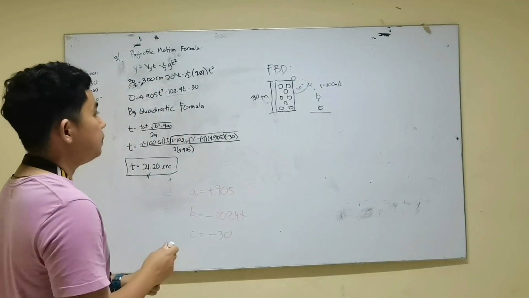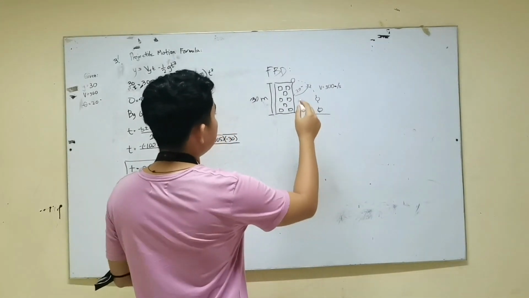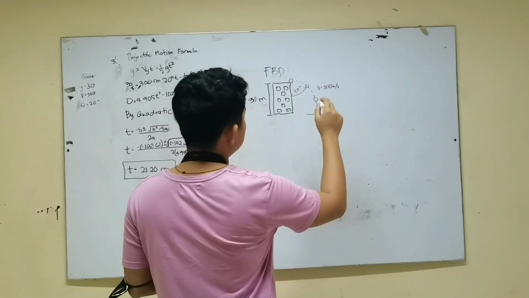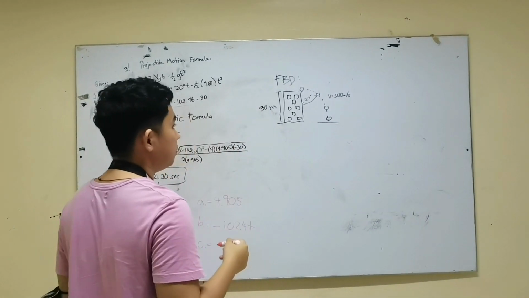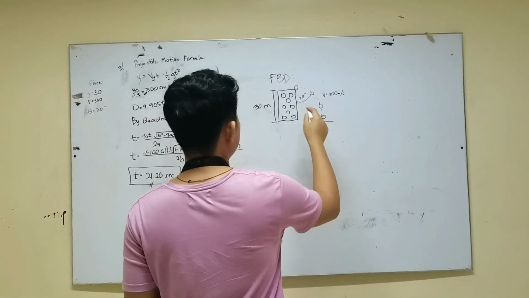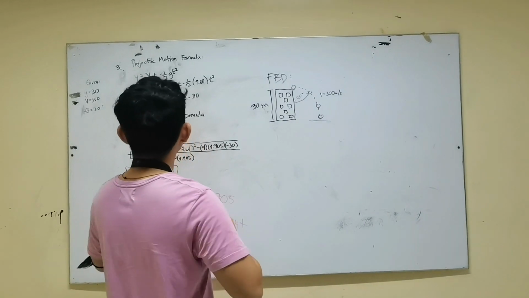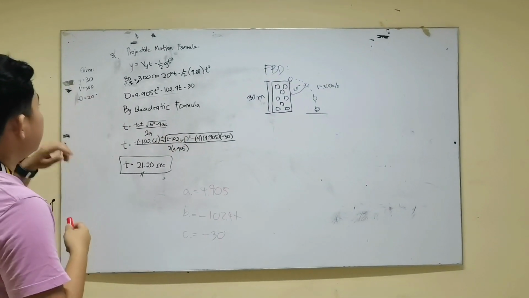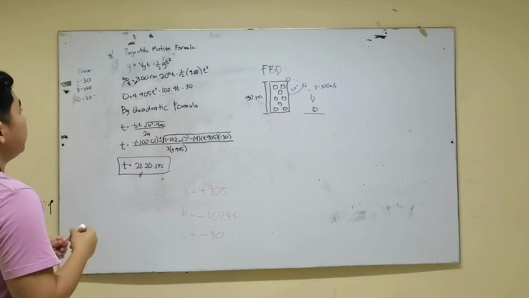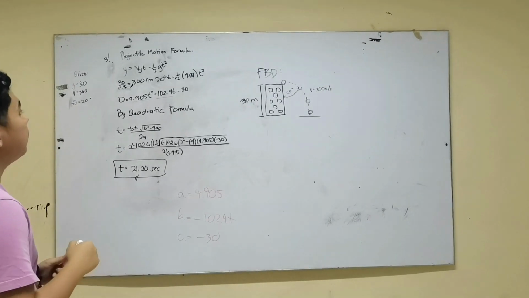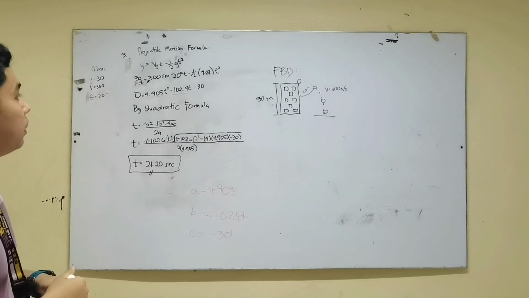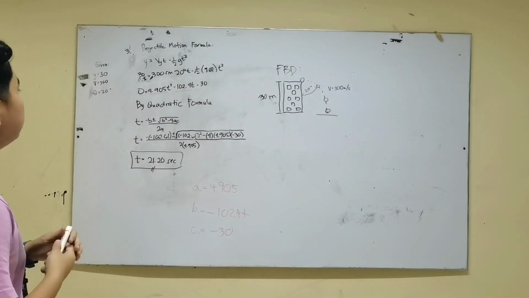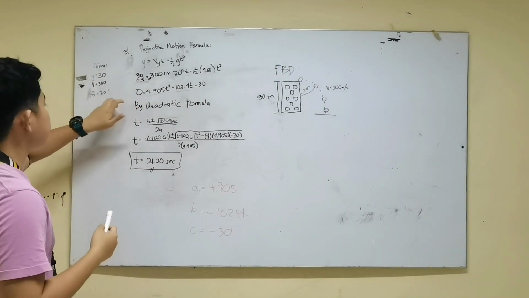Imagine a ball being thrown with a velocity of 300 meters per second at an angle of 20 degrees. The formula of projectile motion is y equals vy t minus 1/2 g t squared. We will just input our given.